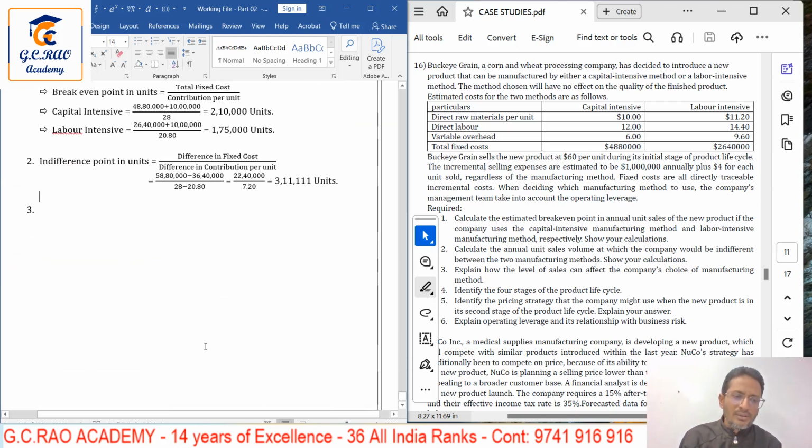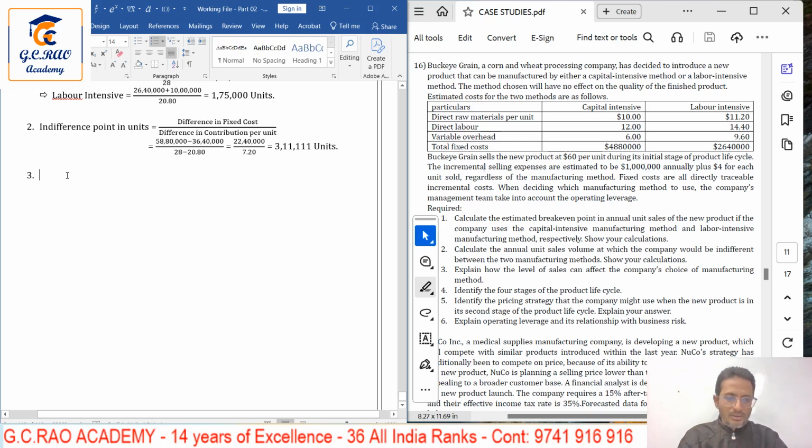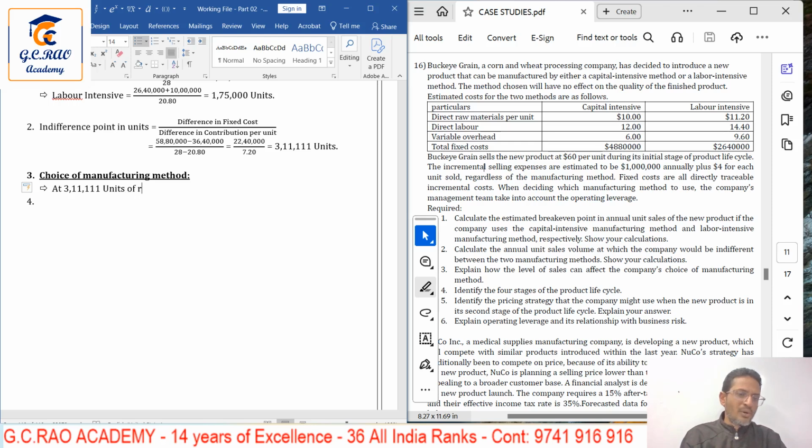So record, point number 3. Choice of manufacturing method. Below that, first remark: at 3,11,111 units of production, both the options will offer the same amount of profit.